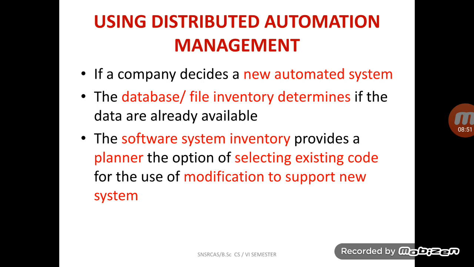The DAM checks to determine if the new requirements can be partially or completely fulfilled by existing automated resources. The software system inventory provides the planner the option for selecting existing code for use or modification to support new systems.